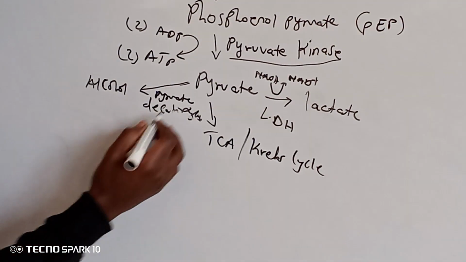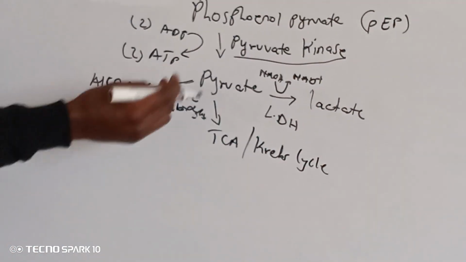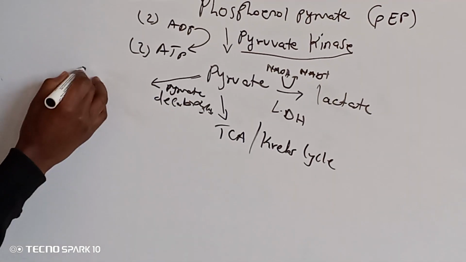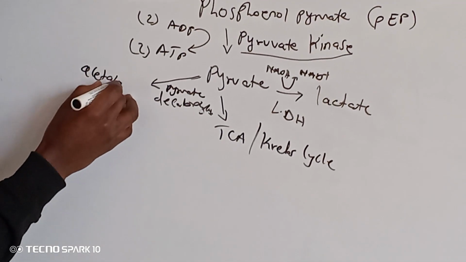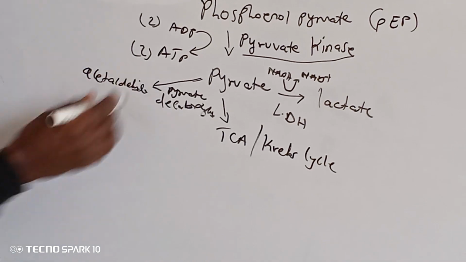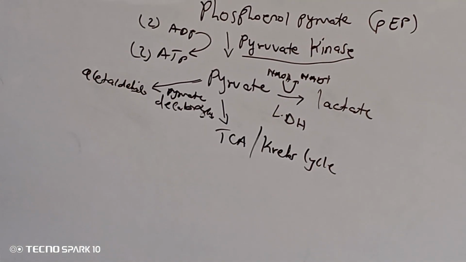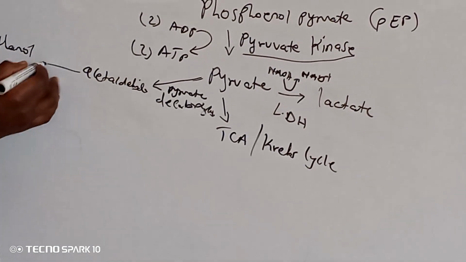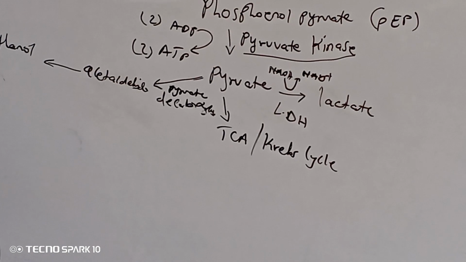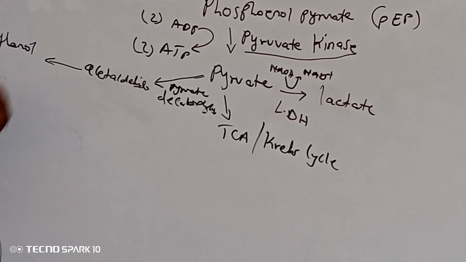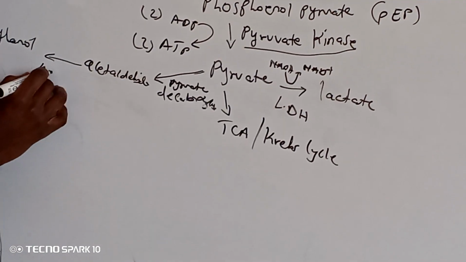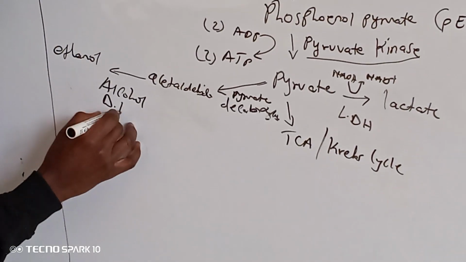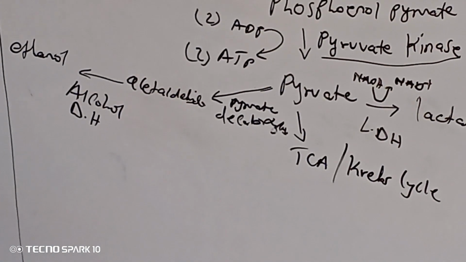Pyruvate decarboxylase is going to act on pyruvate to convert it to alcohol, but before it does, it's going to convert it to acetaldehyde, which can then be converted into ethanol. This can be catalyzed by another enzyme that is called alcohol dehydrogenase.